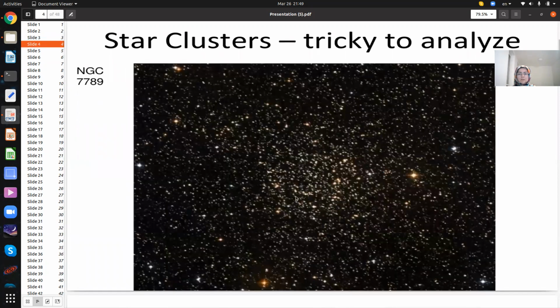As you see here, this is the main part of the star cluster. But what about these other stars? Are they from the foreground or background, or are they also related to the star cluster?